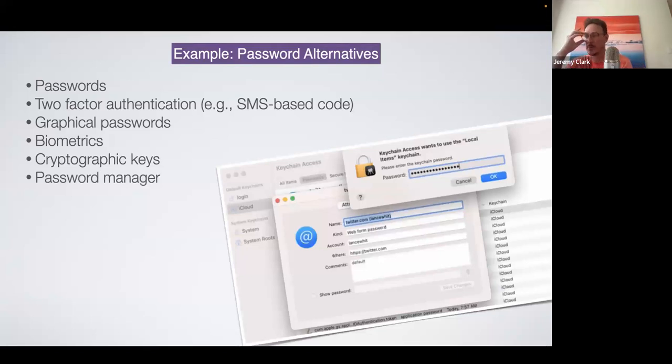Another thing that no one mentioned, maybe people weren't thinking of it as an alternative, but it is kind of an alternative, is some sort of password manager. So a password manager will store your password for you. It will even generate it for you. It will generate it long and random. So if there's ever a data breach, the chances of a rainbow table hitting that password because it's long and random is slim.